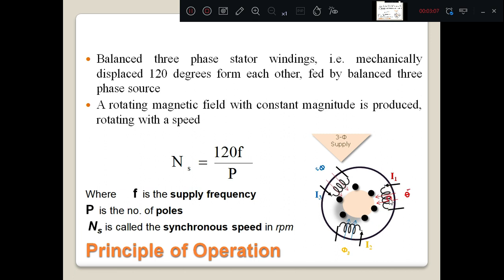That is, phi 1 is due to I1, phi 2 is due to I2, and the phi 3 flux is because of I3. Therefore, there are three fluxes they are producing and they are interacting. Because of the interaction of all these three fluxes, a resultant flux will be produced and it is rotating with a speed of ns equal to 120 f by p.